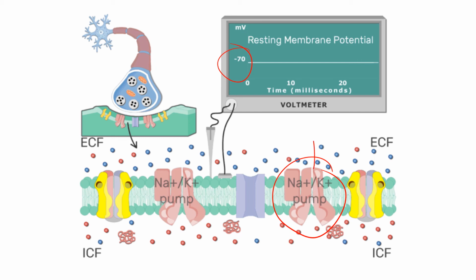It moves out how many sodiums? And it moves back in how many potassiums? Okay, so the reason we're moving an uneven number, 3 versus 2, is all about maintaining that resting state. That gives us an overall negative 70 millivolt charge for a neuron or a cell here at rest.